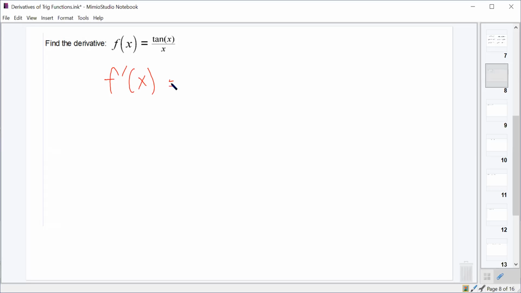All right, so the quotient rule is the denominator times the derivative of the numerator, which is secant squared x, minus the derivative of the denominator times the numerator. So the numerator is just tangent x, and the derivative of x is just 1, all over x squared.